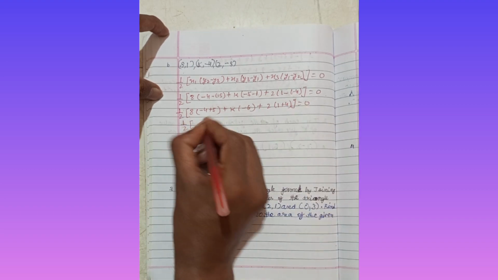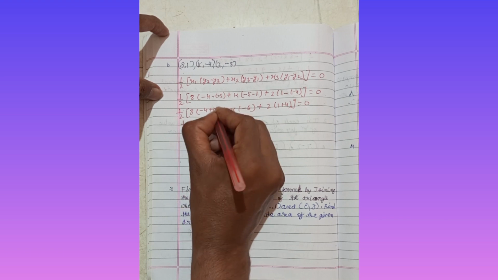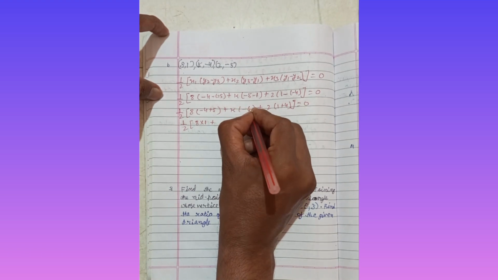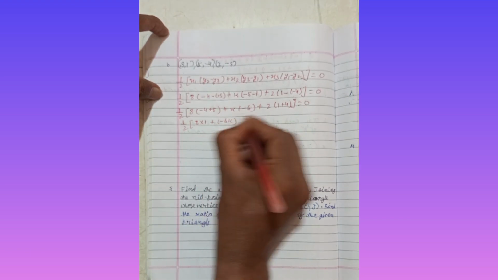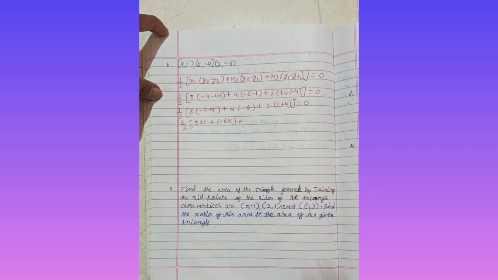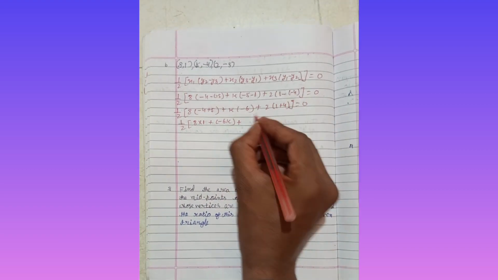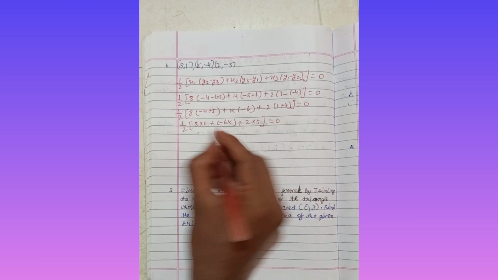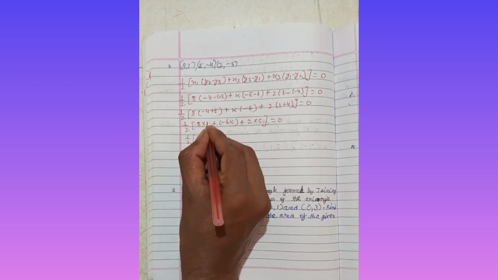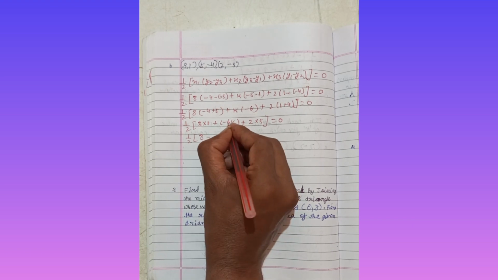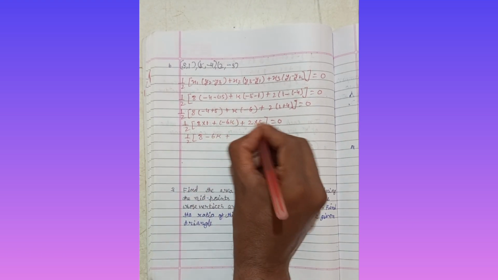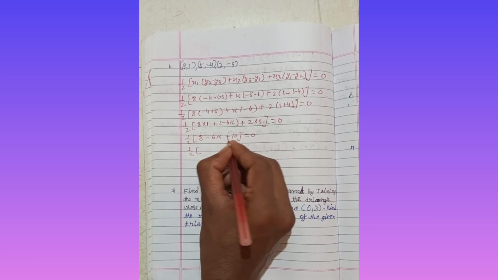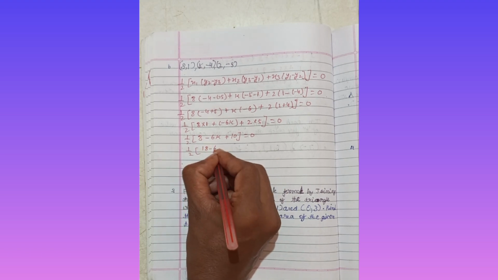Then we can write 1 by 2 into 8 into 5 minus 4, which is 1, then k into minus 6 is minus 6k, then 1 plus 4 is 5, then 2 into 5 is 10, is equal to 0. So 1 by 2 into 8 plus 10, which is 18, minus 6k, is equal to 0.